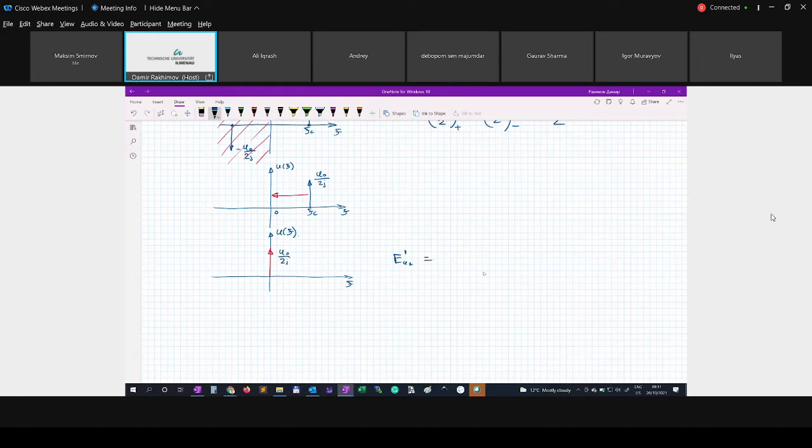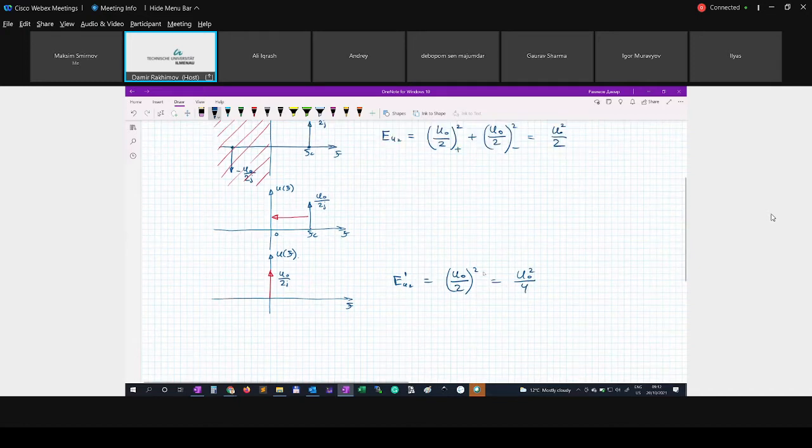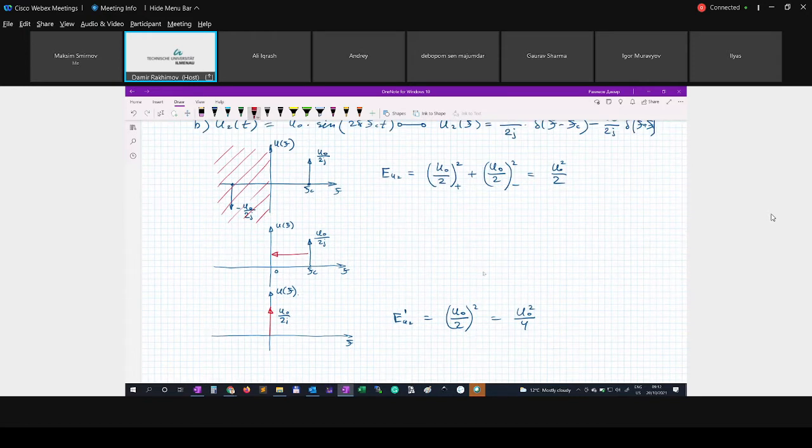And then we have a delta pulse U0 over 2 squared, and we get that the energy equals U0 squared over 4. And you see that the original energy was U0 squared over 2, and the resulting energy U0 squared over 4. So after the transformation, somehow you changed the energy. So the energy of the resulting signal is different from the original value. And this is the problem, because energy must stay constant.